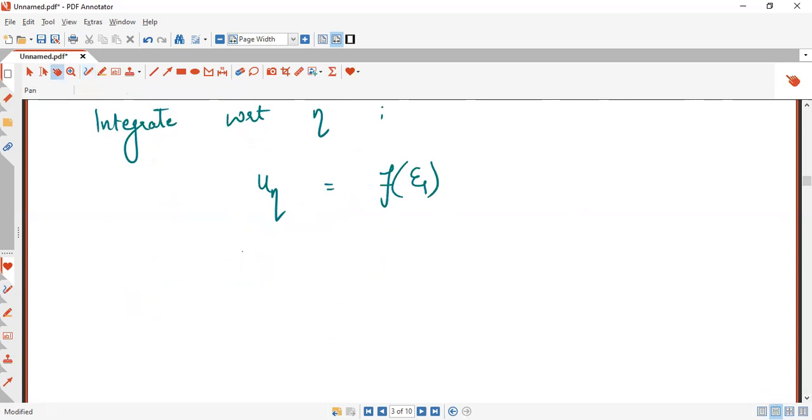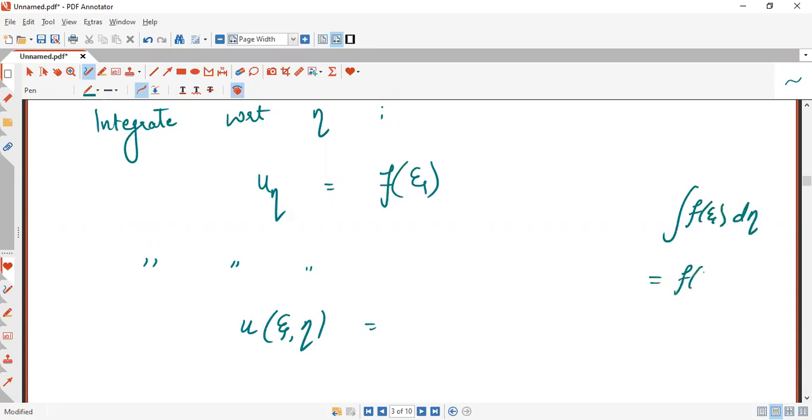Now again I have to integrate with respect to η to find the value of u, right? You'll get u in terms of ξ and η, where f of ξ is basically a constant. That f of ξ you are integrating with respect to η, so it will come outside.